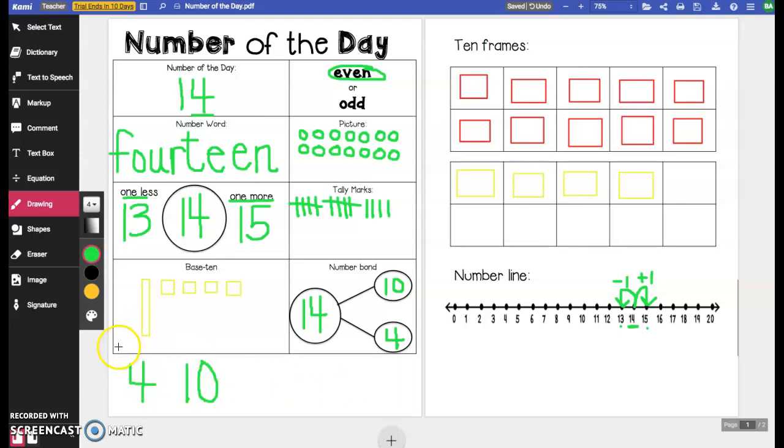I had 4, so I can draw a simple picture to help me. I could use my 10 frame too, couldn't I? There's 4. And then Mr. Gordon brought me 10 more. 5, 6, 7, 8, 9, 10. So am I joining or am I separating? I'm joining, right?